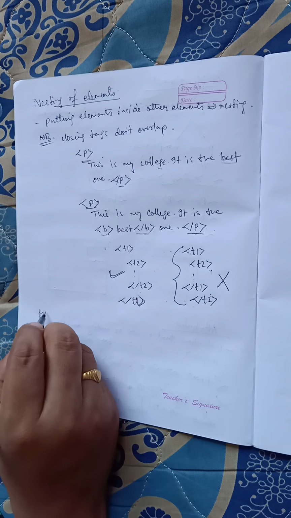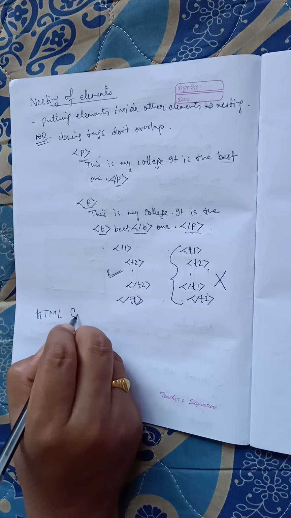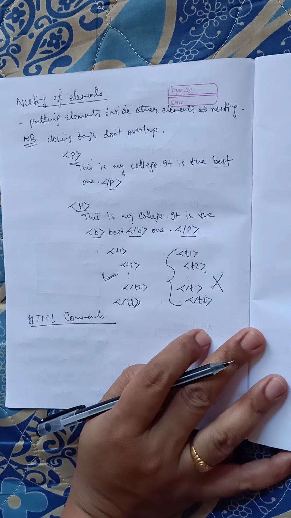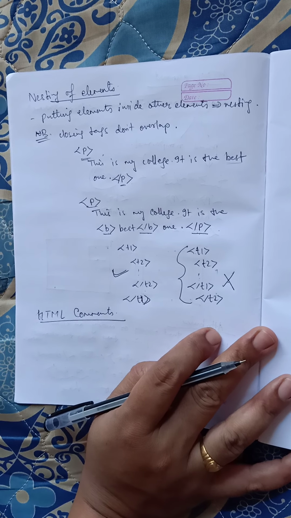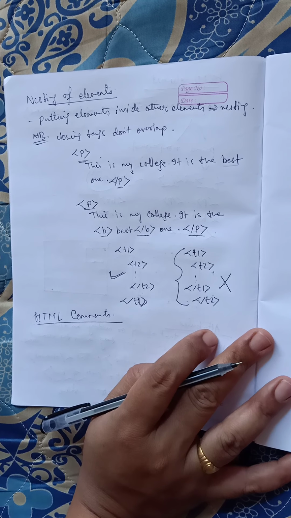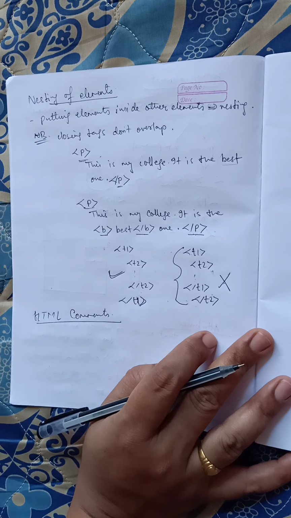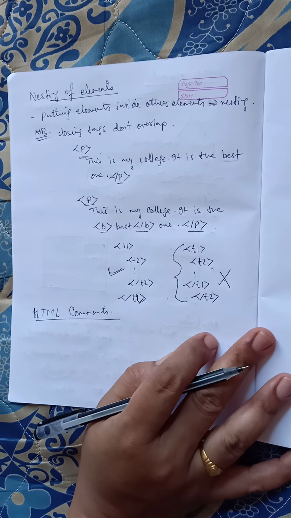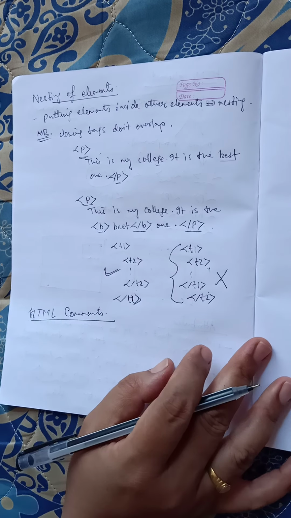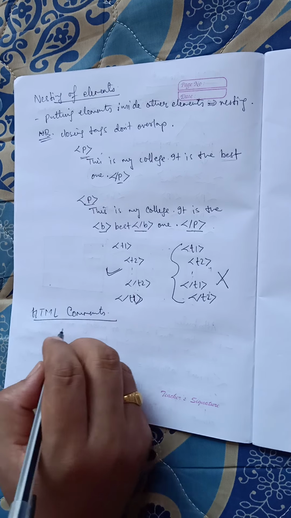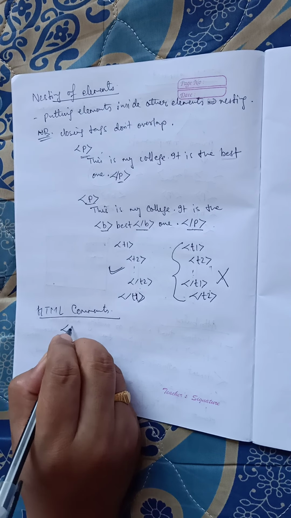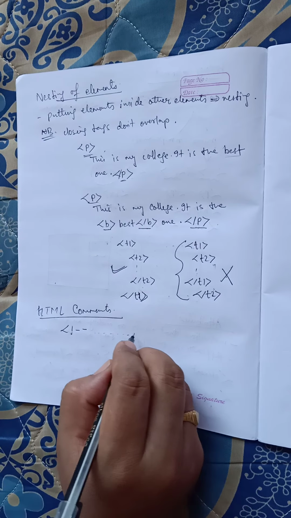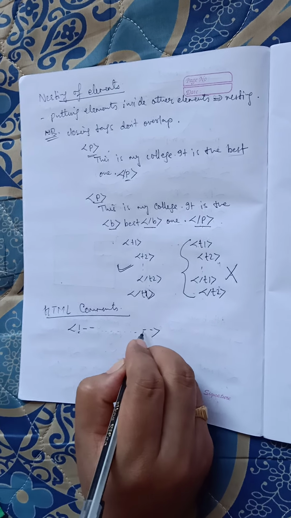Now, whenever we are writing any code, any program, we write some comment lines. Similarly in HTML also comment is there. So why do we use comment? To leave a note in an HTML document, we usually mark it up as a comment. So comment is written as, here whatever you want to write your text.